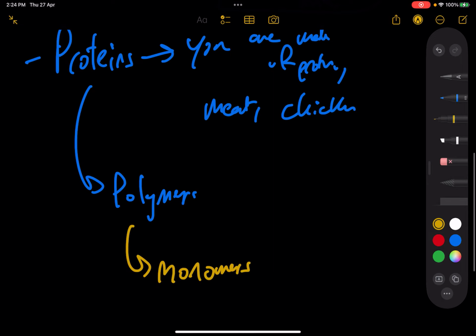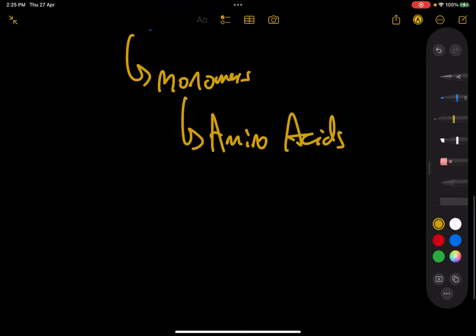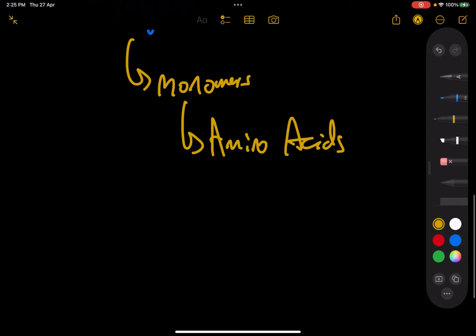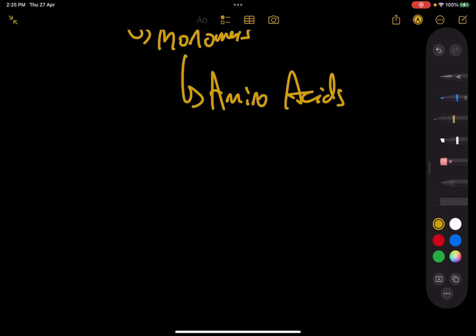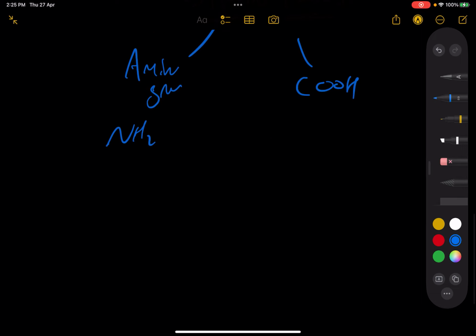The monomers that create proteins are called amino acids. So amino acids form proteins. The general formula of amino acids looks something like this. It's called amino acid, so you will see an amino group, which is NH2, and an acid group, which is COOH.